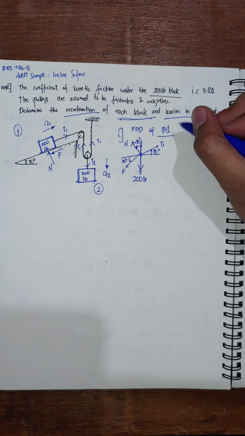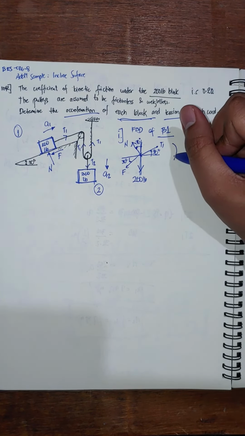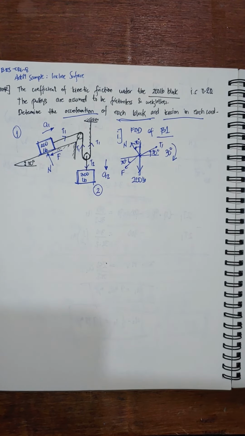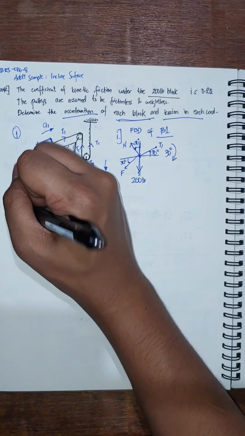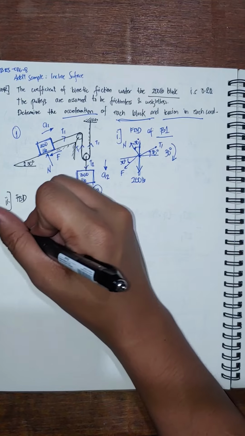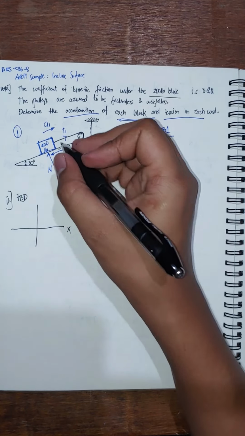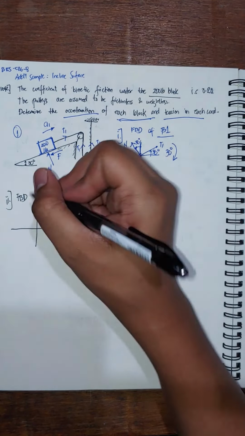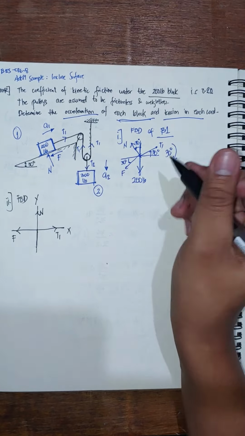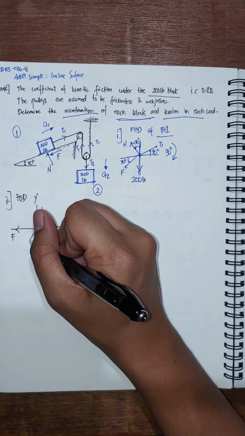Again, to solve it more easily, we rotate it clockwise by 30 degrees. So I will be drawing a new FBD. In the new FBD, let's call this the X and the Y. We have here the normal force N, the tension 1, the friction, and our weight of 200 pounds, which rotated this way.